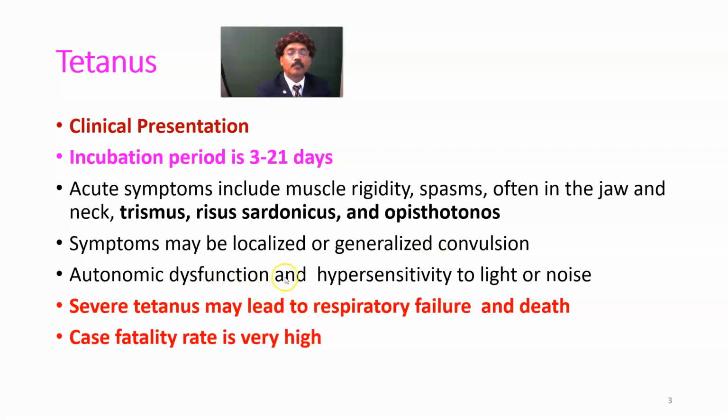Autonomic dysfunction will happen, and there will be hypersensitivity to light or noise. Severe tetanus may lead to respiratory failure and death. The case fatality rate is very high, even in hospitalized patients.